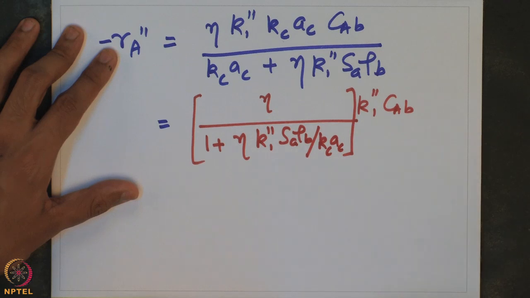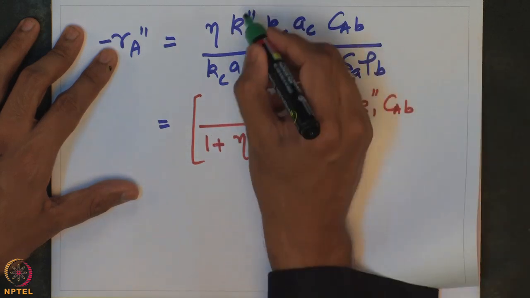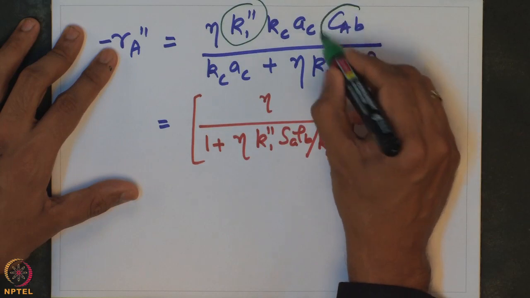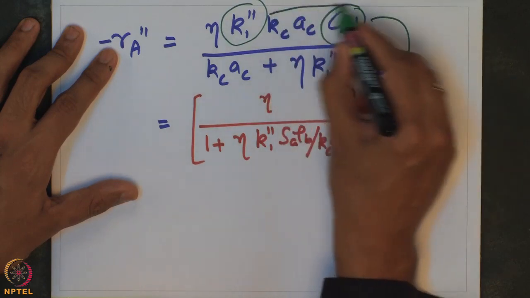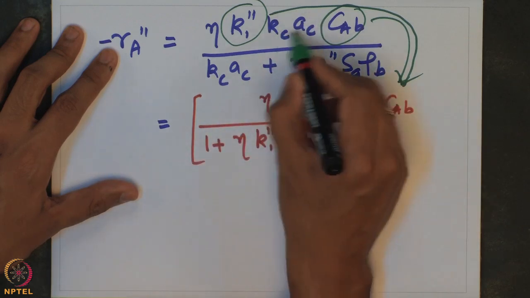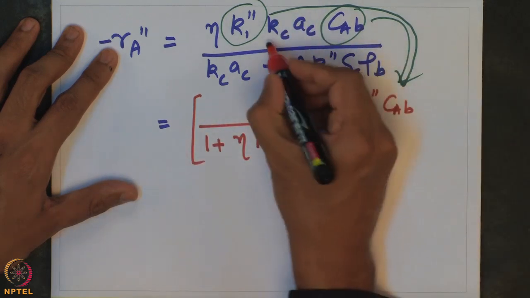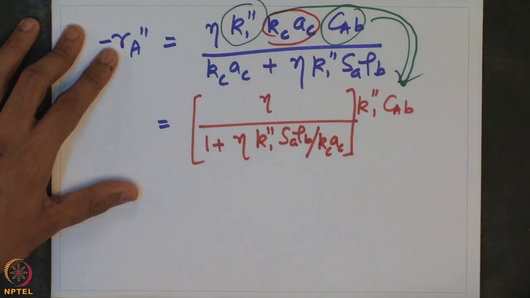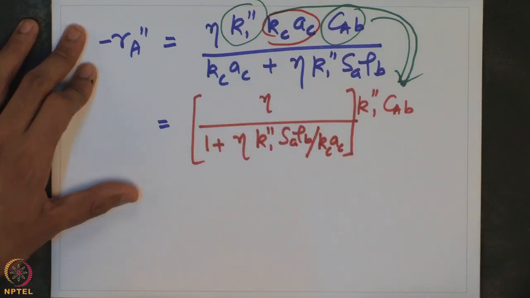So, all I have done is pull these terms outside, and then divide the numerator and denominator by this Kc Ac term, and we get this expression.